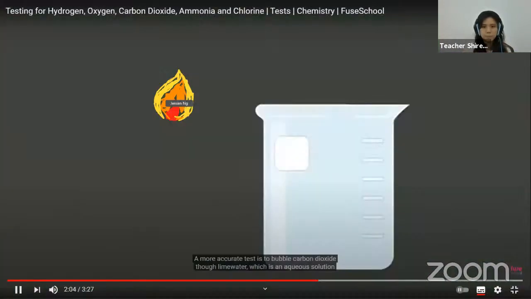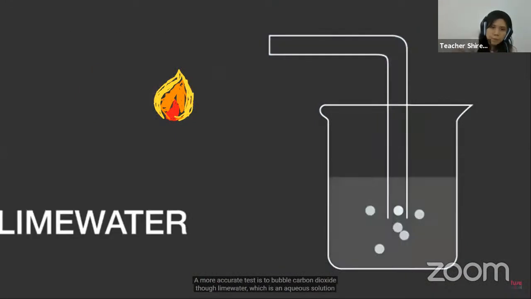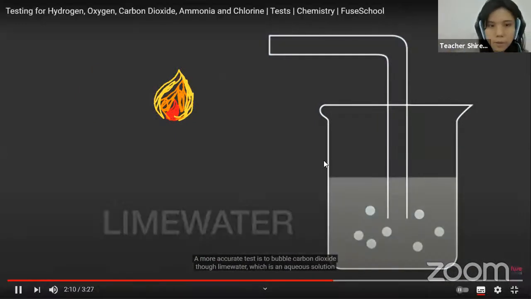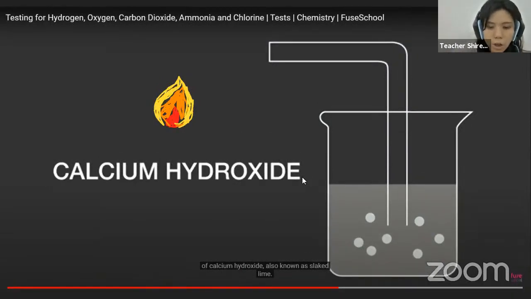A more accurate test is to bubble carbon dioxide through lime water, which is an aqueous solution of calcium hydroxide. This one is the most common experiment. When you put carbon dioxide into lime water, it will turn cloudy.